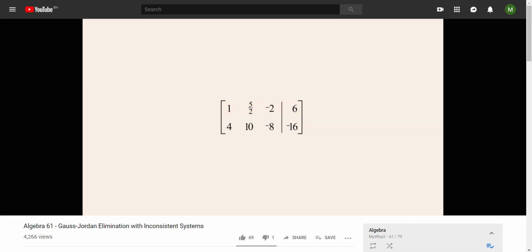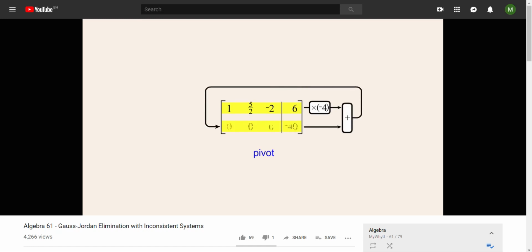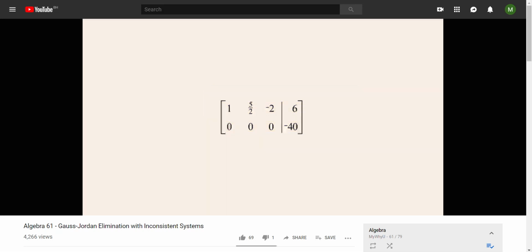We then change the entry below that 1 to a 0 using a pivot operation, adding -4 times row 1 to row 2. This changes all the coefficient entries in row 2 to 0, but not the constant entry. At this point, we can stop, since we know that the system has no solutions.